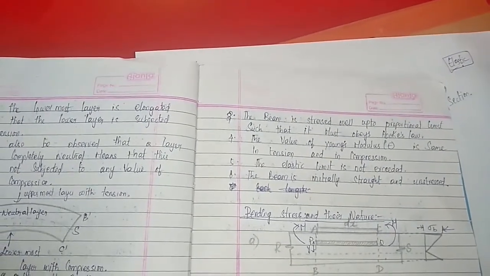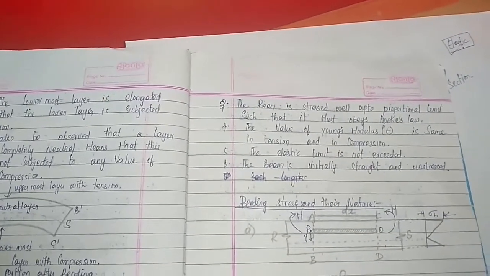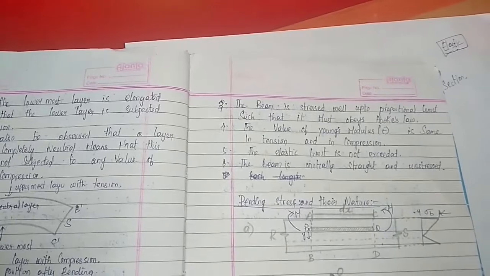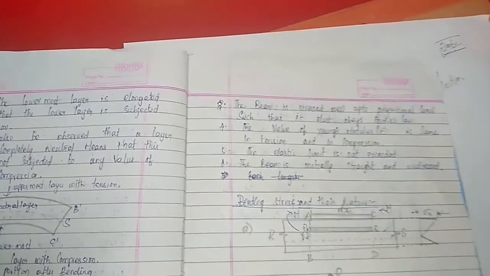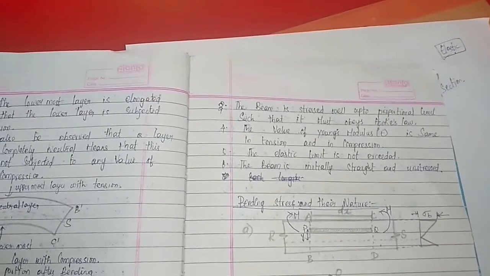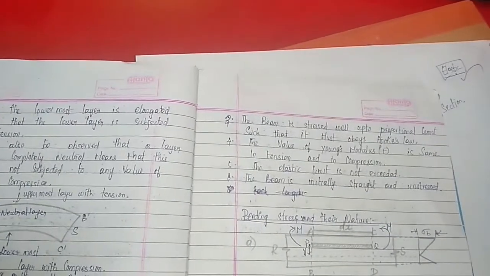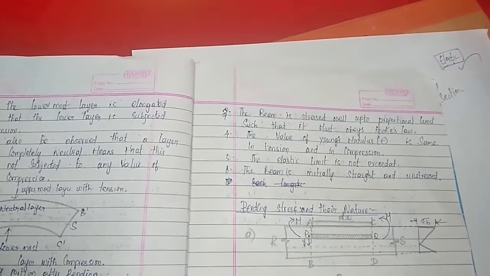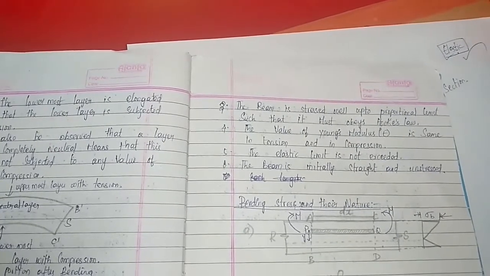Elastic property is nothing but if you apply load, it may tend to tension or compression. Immediately, if you reduce the load, what will happen? It will regain its original shape. That is called the elastic property of a material. If the load is not there, it will regain its original position.